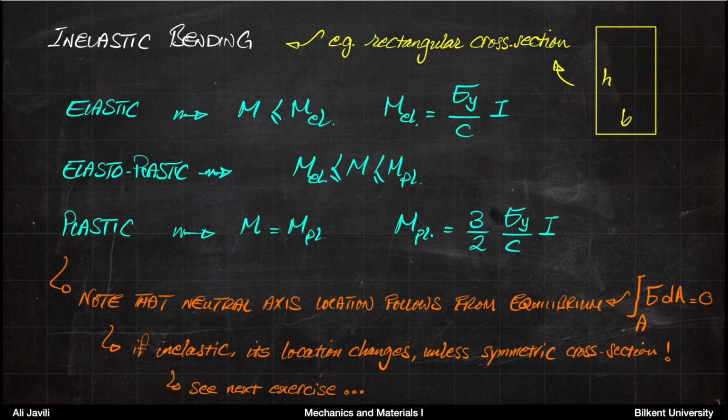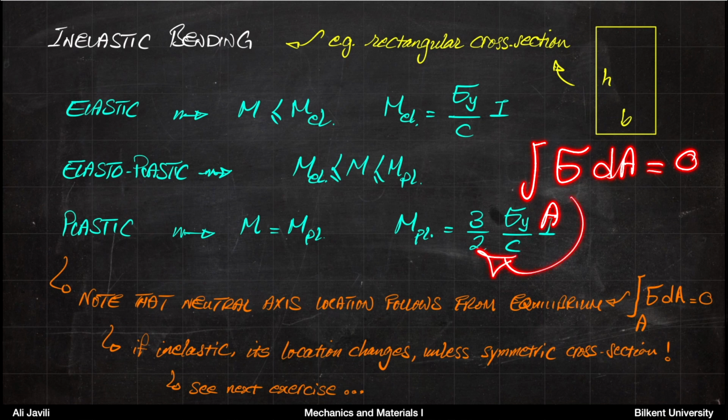There is only one last thing that I need to mention. Remember when we calculated the neutral axis, we also calculated the location of the neutral axis from the equilibrium equation. And again, if you remember, in that equilibrium equation, we used the linear stress relation for the stress.